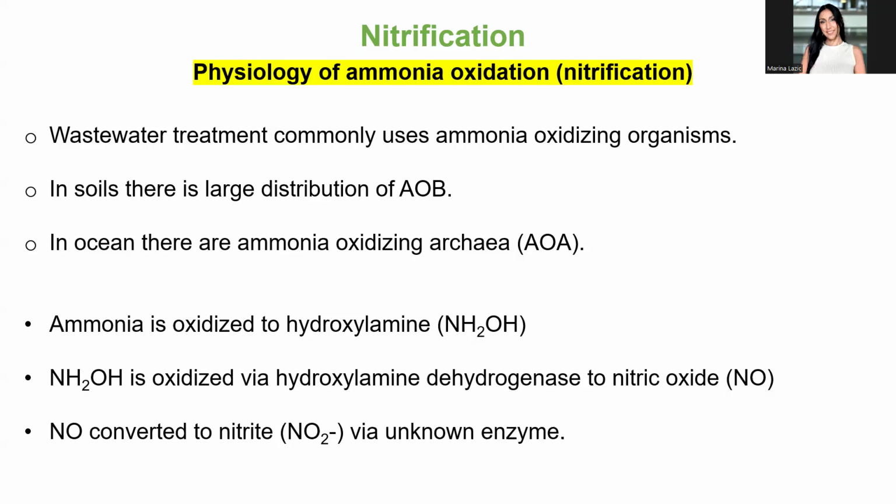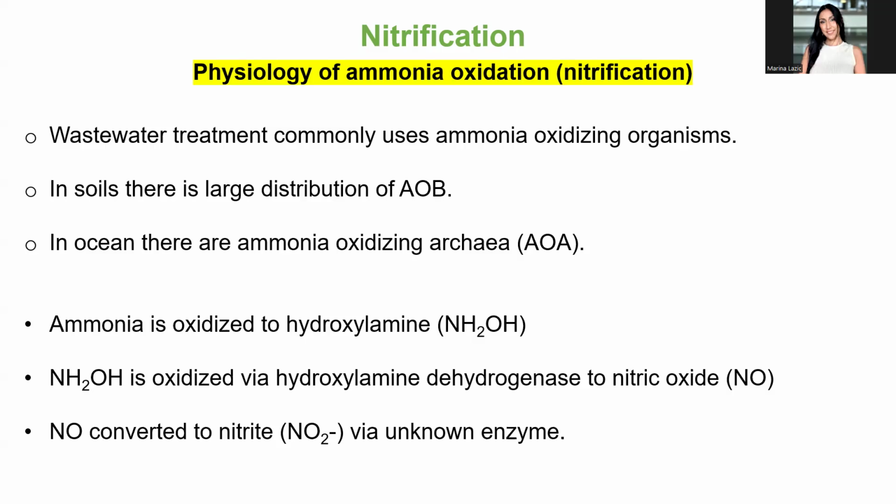And then nitric oxide is converted to nitrite, NO2 minus, through an unknown enzyme. It's still not known. But the point is, you go from ammonia to hydroxylamine, from hydroxylamine to NO, from NO to nitrite, and then NOB.